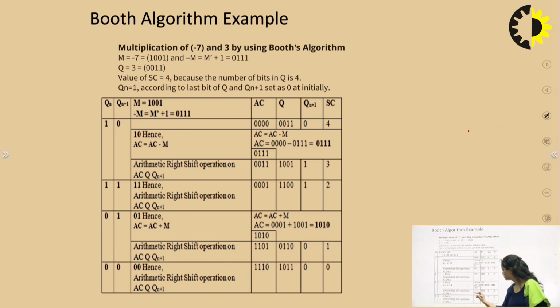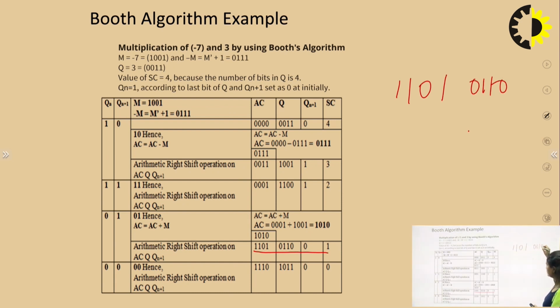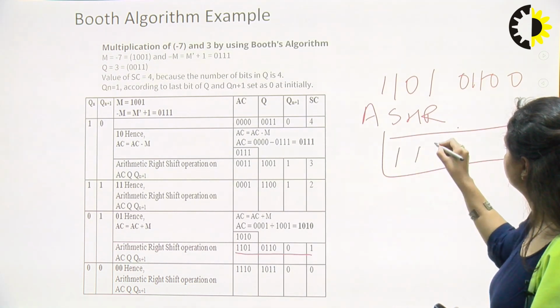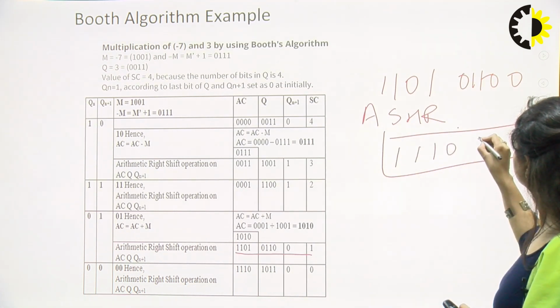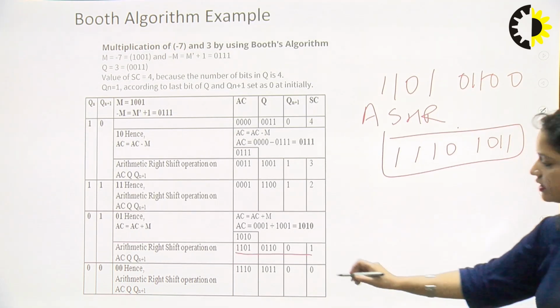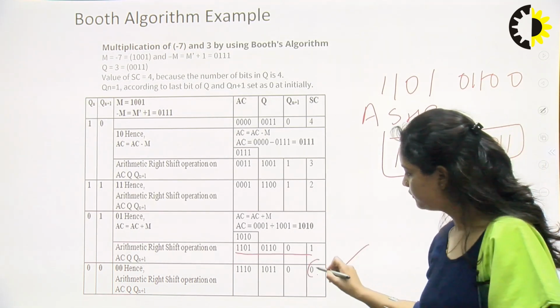Here it is like 1 0 1 0 1 1 0, and then we have 0, and it will be like this: 1 1 1 0 1 0 1 1, and we are left with this. And here we will get this answer.